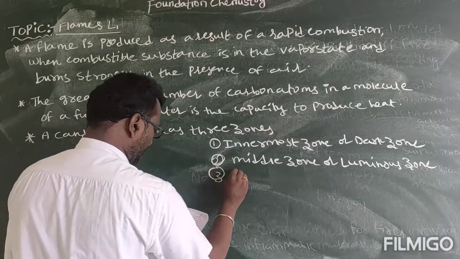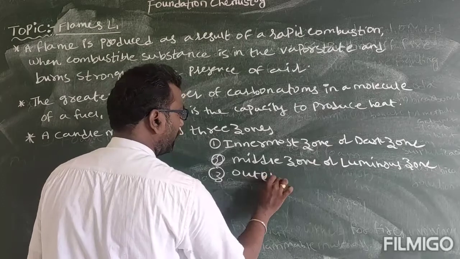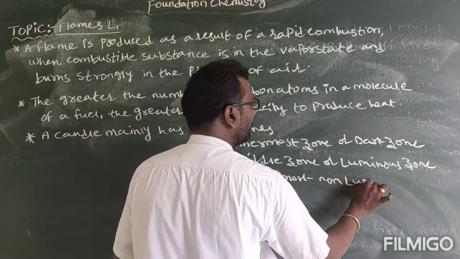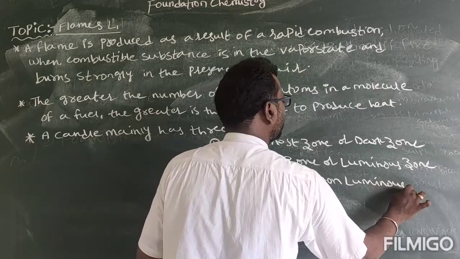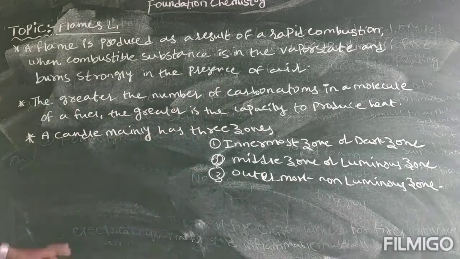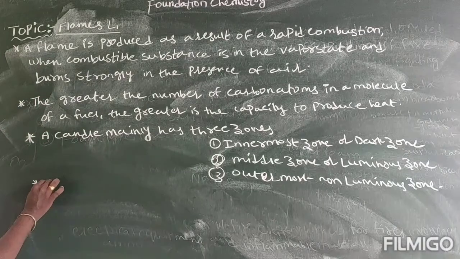And next, the outermost non-luminous zone. So a candle has three zones. Okay, so one by one the important points I will be giving to you.